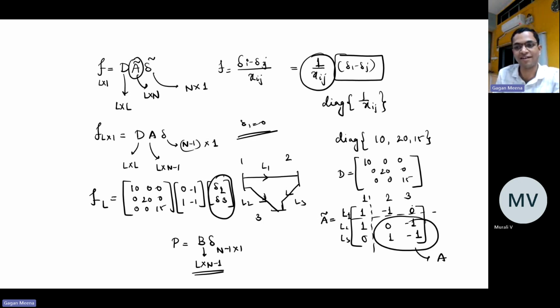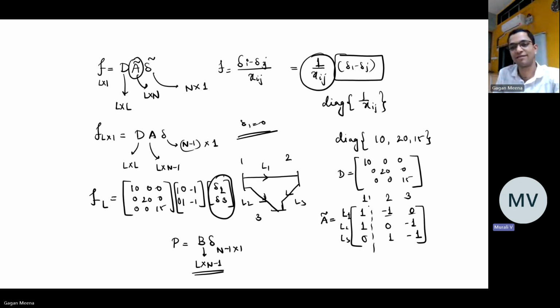Sorry, I made a mistake here. What we do for the B matrix: we have to remove only the column, not the row. So it will be 1, 0. Sorry, this is correct. Now it is correct. We have to remove only the column corresponding to node 1, right? We remove it because node 1 is the reference.